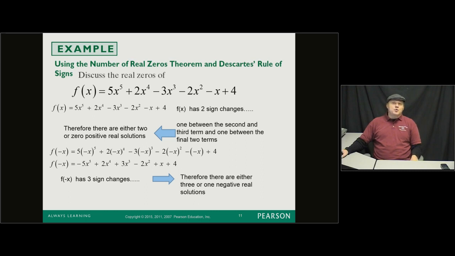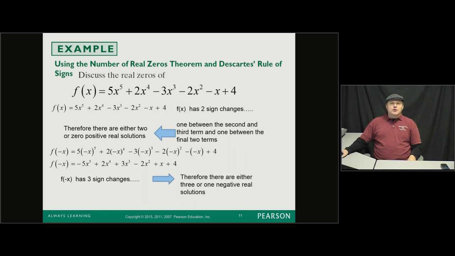What if there's 1 negative real? If there's 1 negative real and 2 positive reals, then the remainder has to be 2 complex. But if you have 1 negative real, because you're guaranteed to have at least 1 negative real, and you don't have any positive reals, then the remaining 4 would have to be complex.